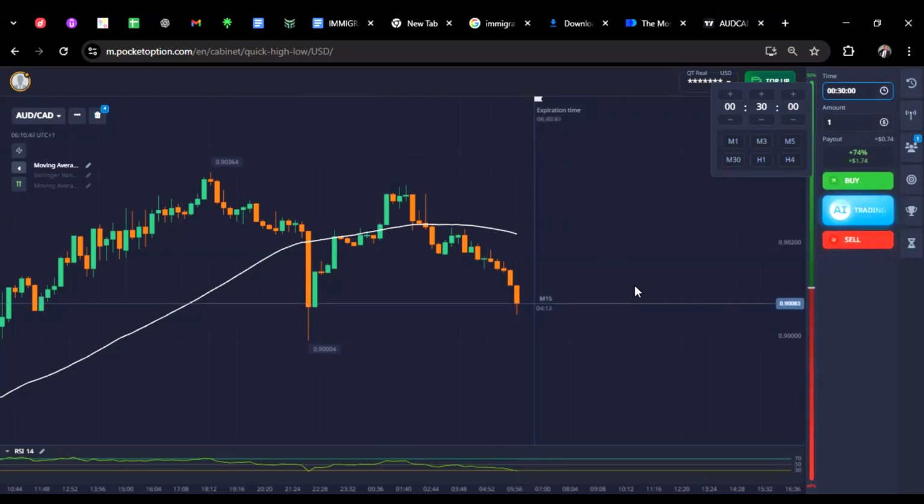Before now, there are some terminologies you should be familiar with. Whenever you hear call, call is buy; put is sell. So on a call, you can hear, okay, let's go in AUD CAD, EUR/USD, 15 minutes call, the same thing as 15 minutes buy.